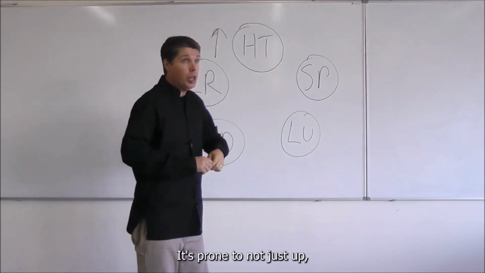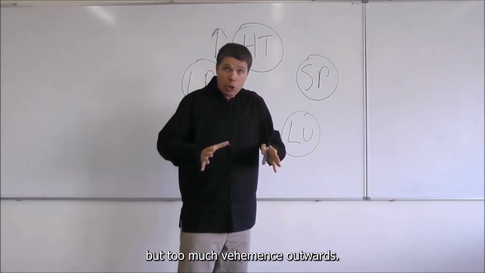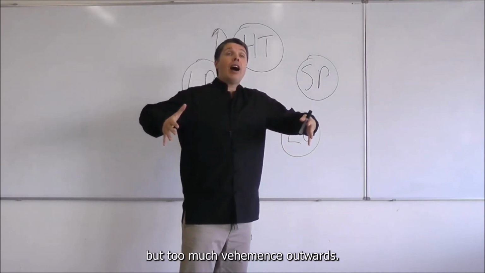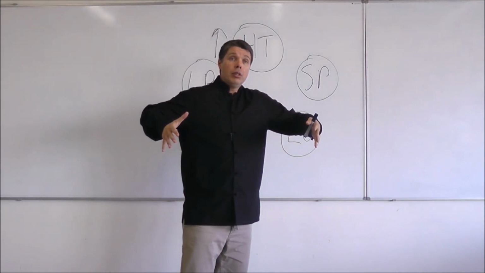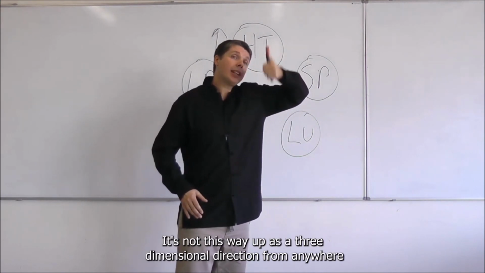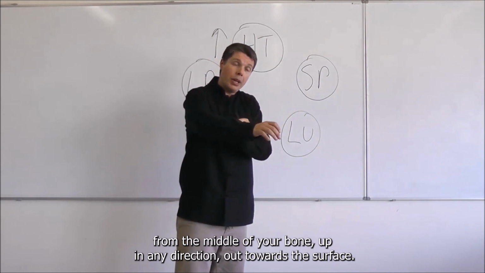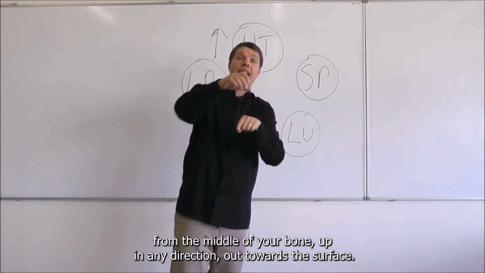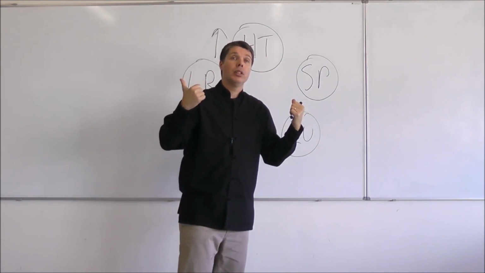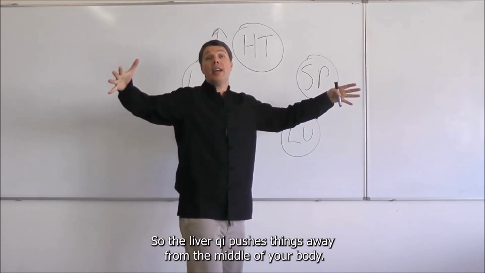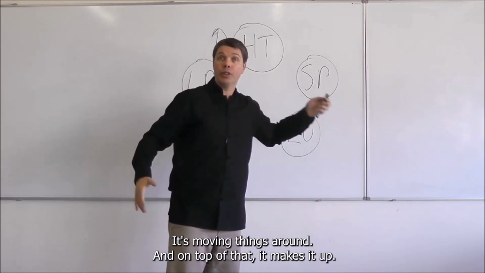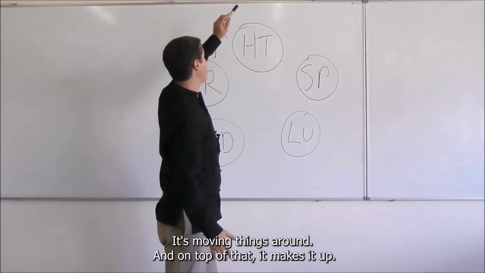It's prone to not just up, but too much vehemence outwards. Up is not just this way. Up is a 3-dimensional direction from anywhere. From the middle of your bone, up is any direction out towards the surface. So the liver qi pushes things away from the middle of your body. It's moving things around, and on top of that, it makes it up.